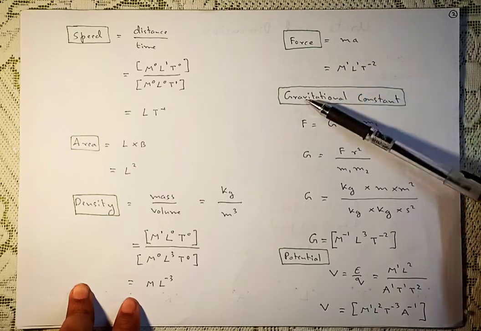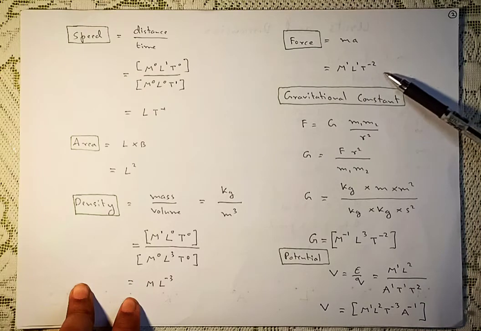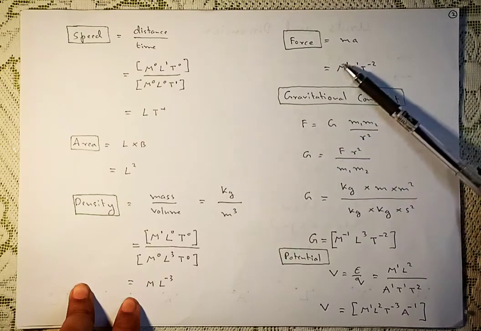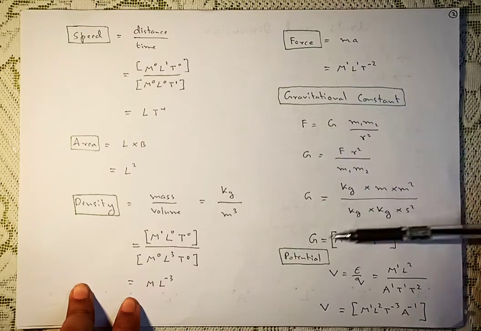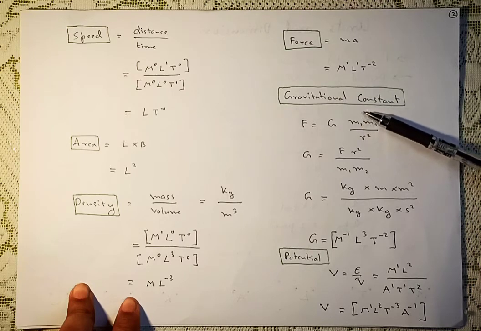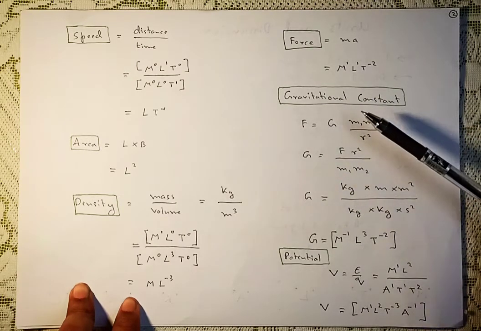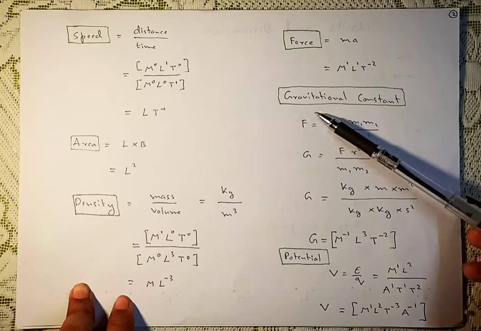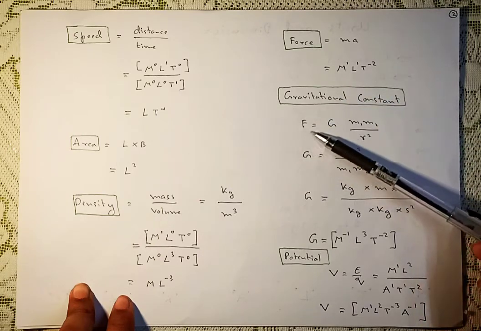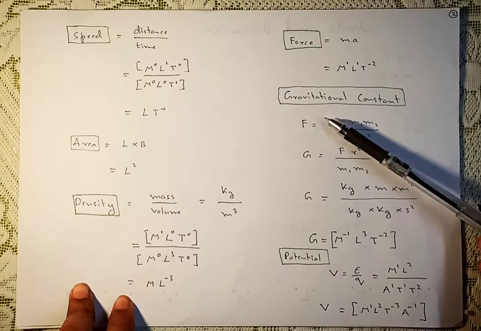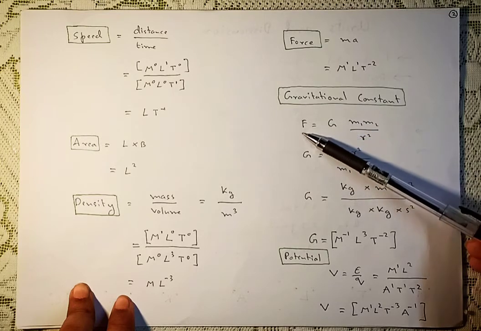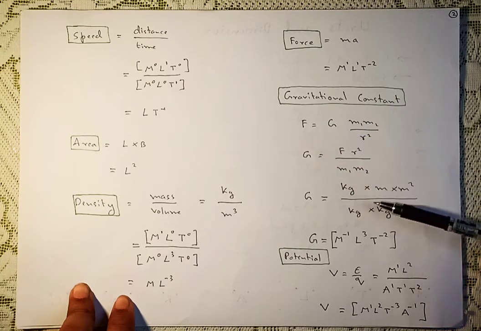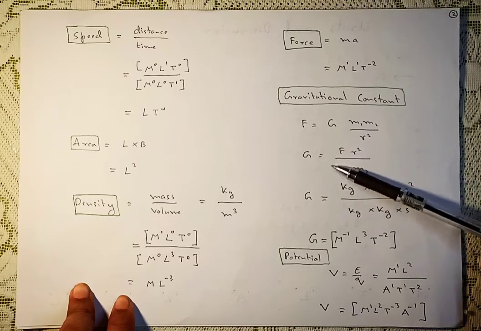And then you have gravitational constant. The mostly asked questions in NEET exams are from gravitational constant, Planck's constant, and so on. In case of gravitational constant, you need to remember this formula: F is equal to G m1 m2 divided by r square. Keep this gravitational constant out here, and then do all the necessary things.